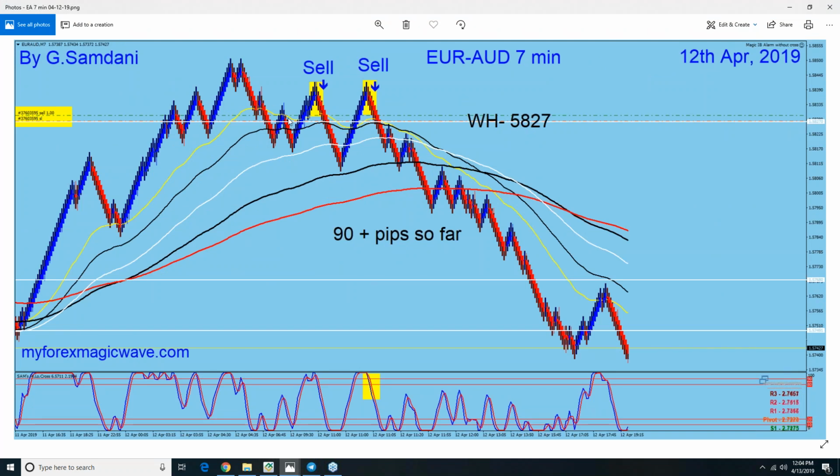We hit, start dropping. This is the one I took first, came down, moved the SL to break even. It took me out. Thank you very much. No loss. Again, start dropping, and everything is below this number, and I was expecting the move below this number because of the euro weakness and all that.